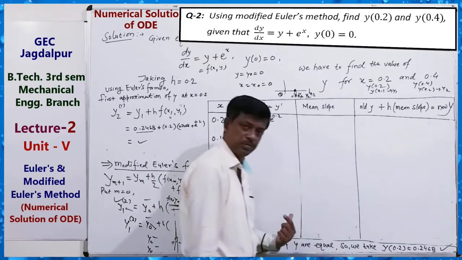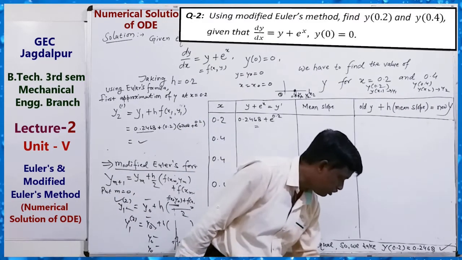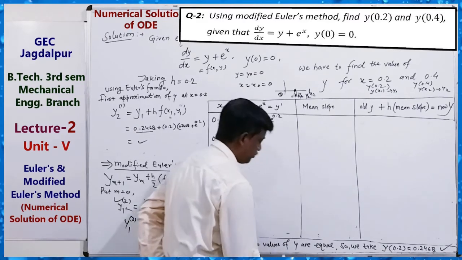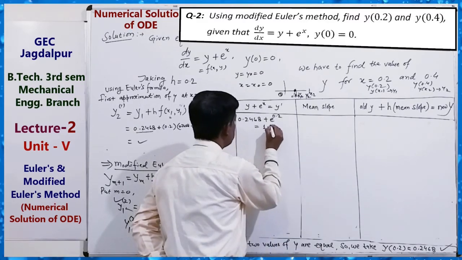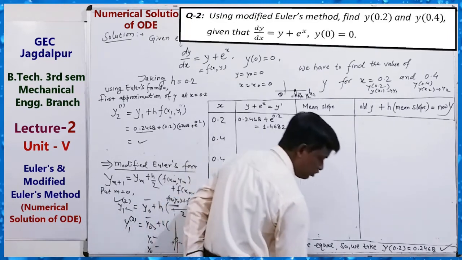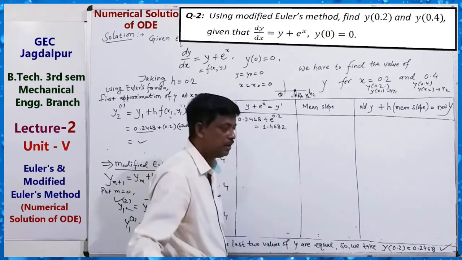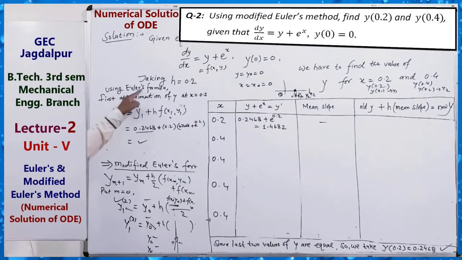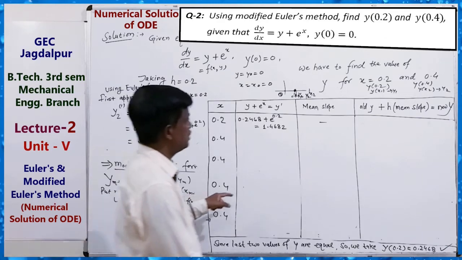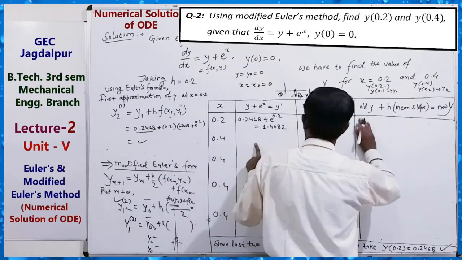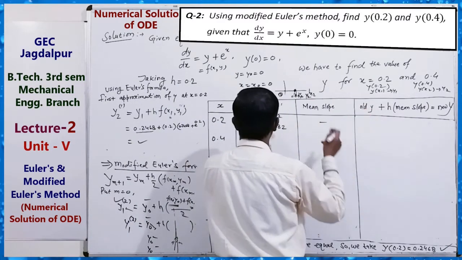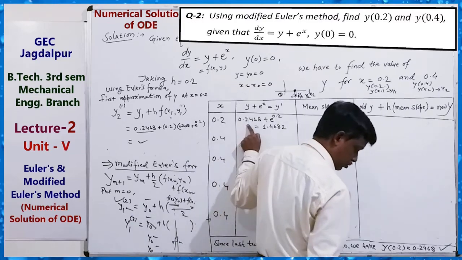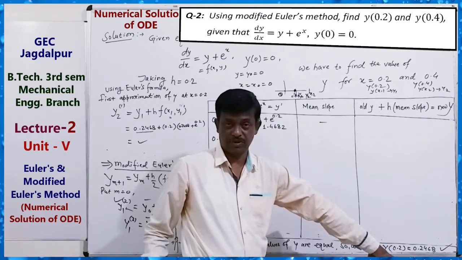Just previous, in the previous table it is present, 1.4682. Clear? Here will be the first value by using Euler's formula. So here, old y means what? Old y is this 0.2468, because the previous value is y.